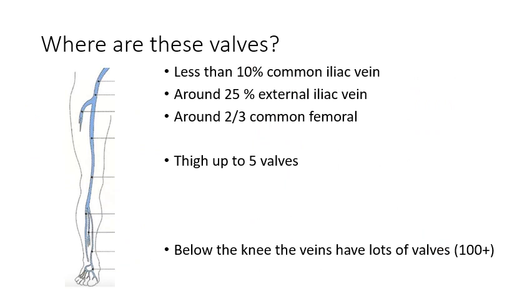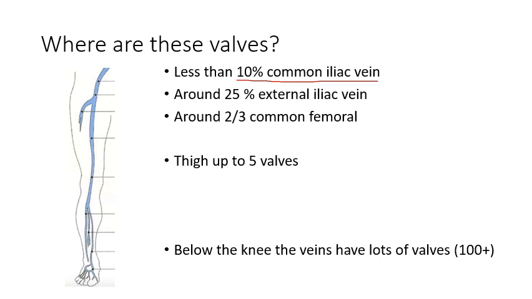So where are these valves located? Well, it turns out that close to the heart there are virtually no valves at all. The inferior vena cava and the common iliacs rarely have any valves. Less than 10% of people have a valve in the common iliac vein.